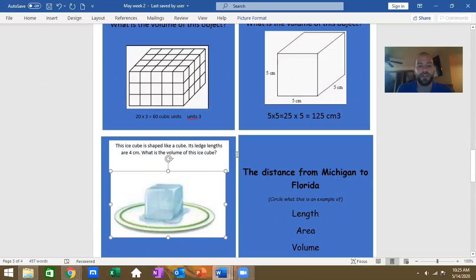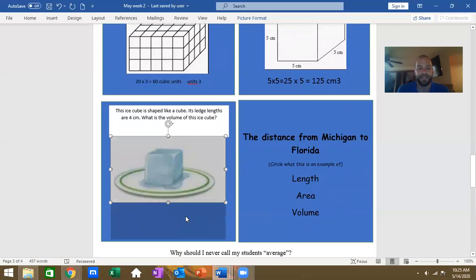Now, speaking of cubes, let's go down to this ice cube. We have an ice cube shaped like a cube. Its edge length is 4 centimeters on each edge. So this is 4 centimeters, this is 4 centimeters, this is 4, that's 4. You get it. What's the volume?